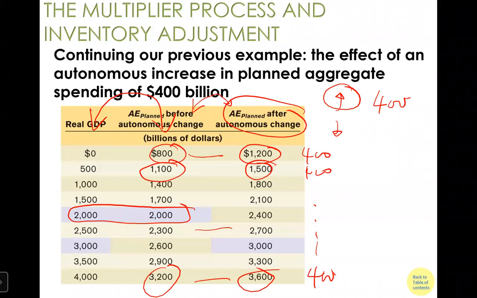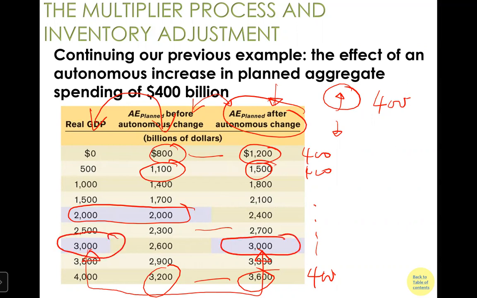Okay. Now, under this new planned aggregate expenditure line, what is the equilibrium level of real GDP? We compare this column versus this column, and we find out this row is the new equilibrium.